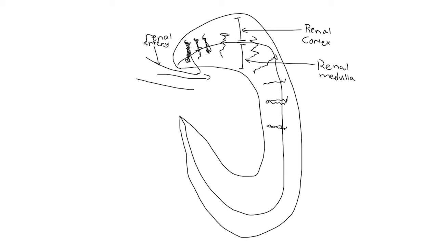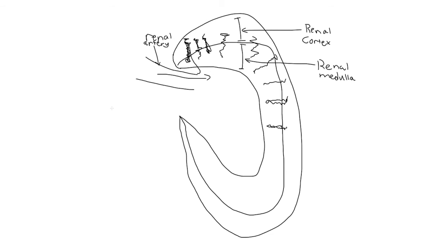And this blood is going to come by these nephrons. And when it comes by the nephrons, some of the things in your blood are going to enter your nephron. And I won't specify what goes into your nephron, but some of it will go into your nephrons. And your nephron is going to filter this blood, or whatever enters it.